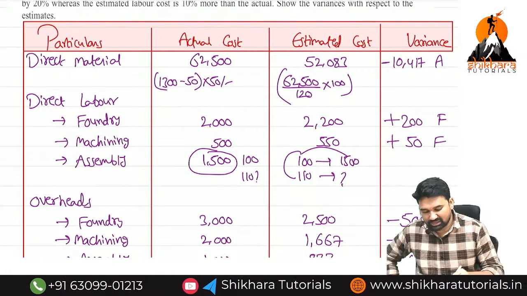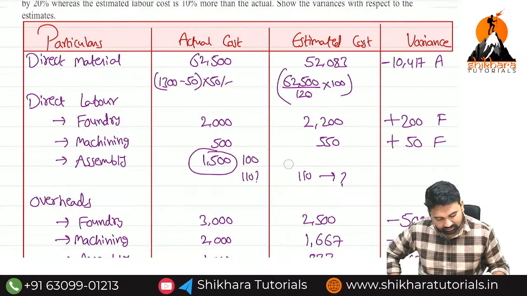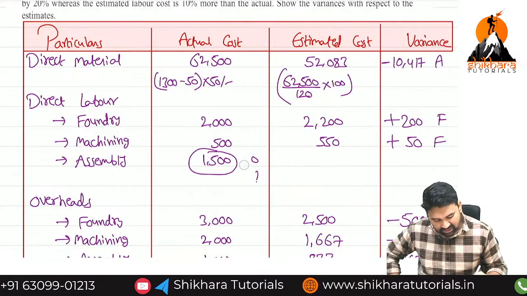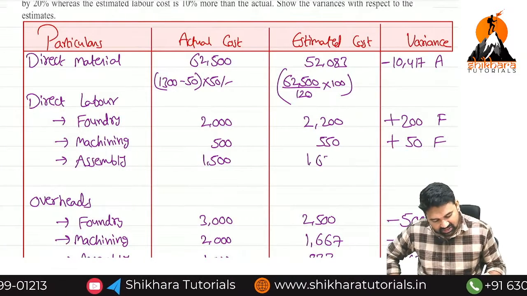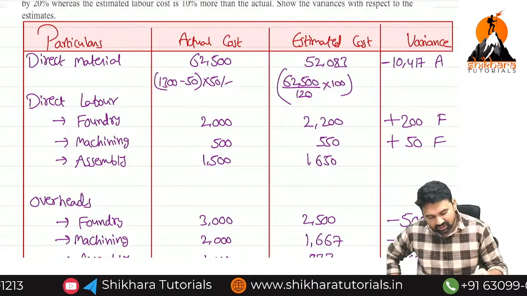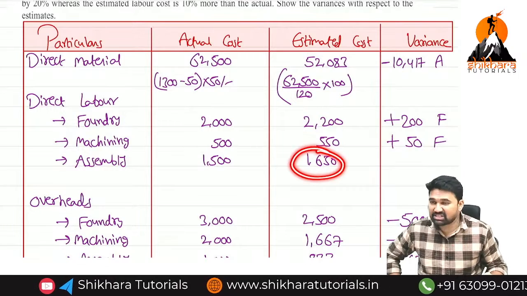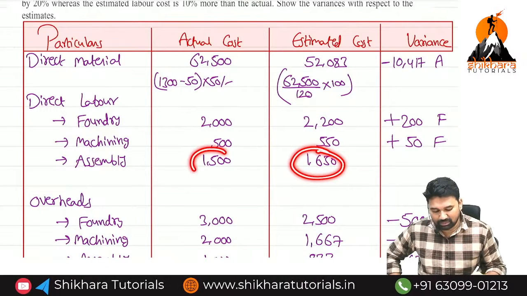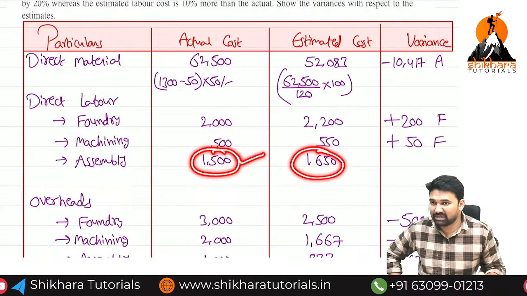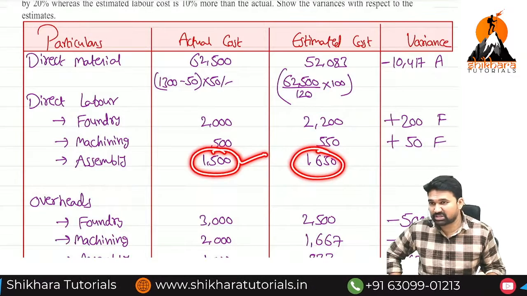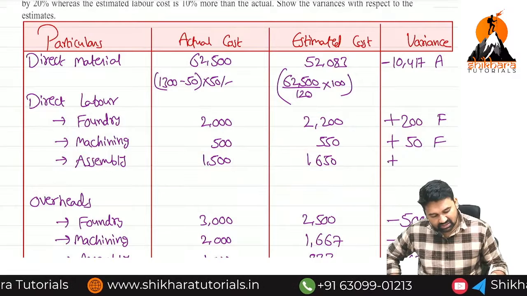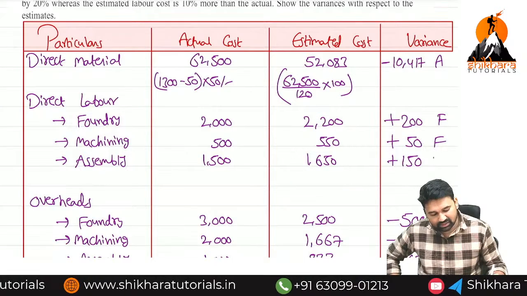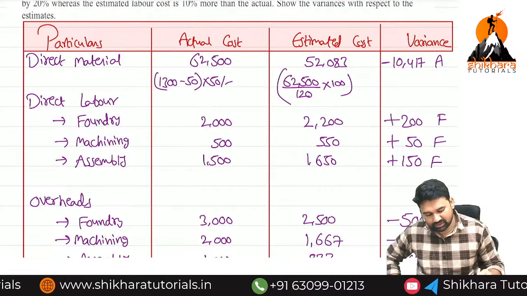Tell me the answer. 1650. So listen, your budget is 1650, but the trip completed in 1500 only. That means under expenditure. How much? Plus 150. F or A?